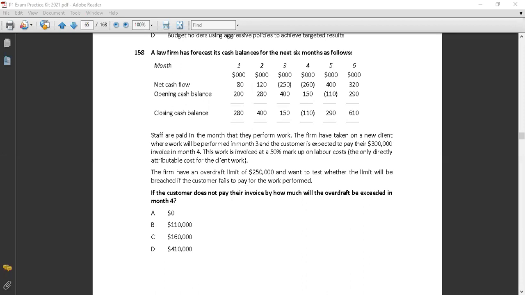So that can be sorted out. But right now, the consideration is, what if the customer does not pay? If the customer does not pay their invoice, by how much will the overdraft be exceeded in month 4?